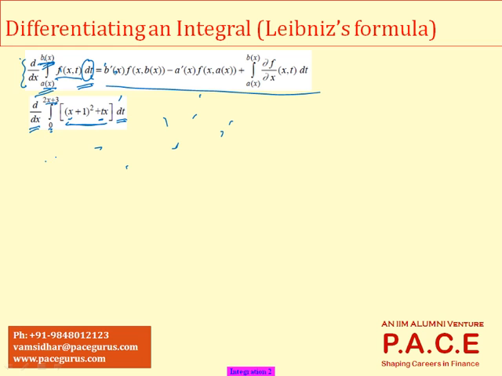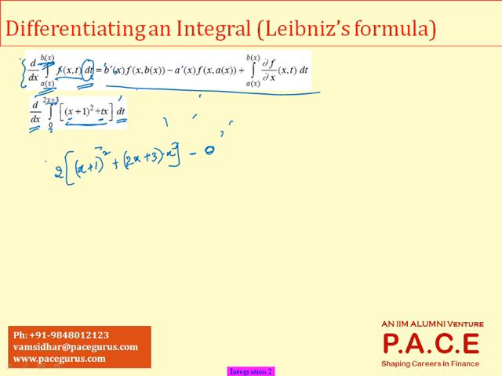So what is the derivative of 2x plus 3? 2, into f of x as it is, but wherever t is there, substitute 2x plus 3, which means x plus 1 whole squared plus (2x plus 3) into x. Am I right? Minus the derivative of 0, which is 0, into this entire thing, I don't need to really bother about.